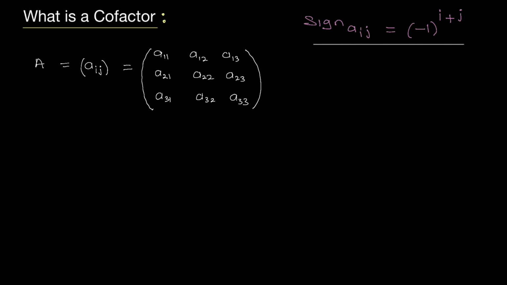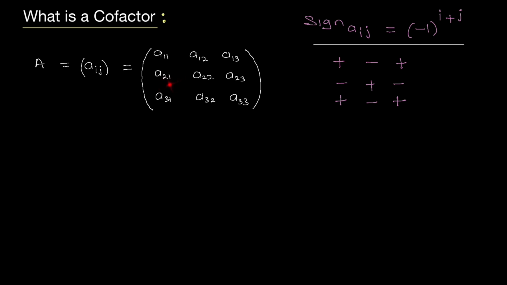And that's how we work out the sign for each element in a matrix. The sign is positive for A11, that's plus 1. A12 is minus 1, A13 is plus 1. 1 plus 3 is even, so minus 1 to the power of an even number is positive, that's plus 1.